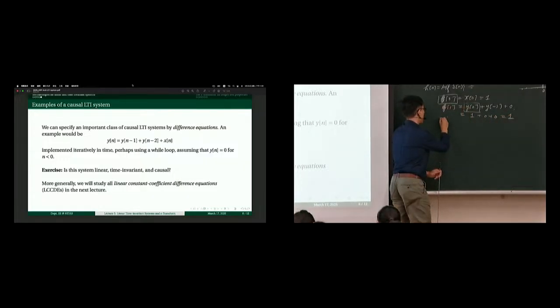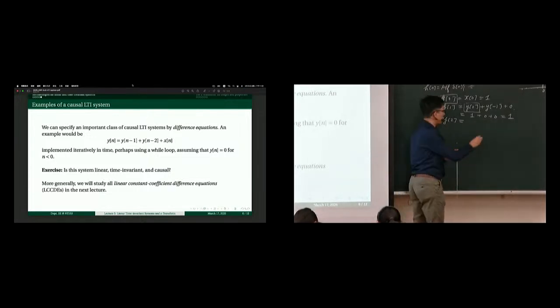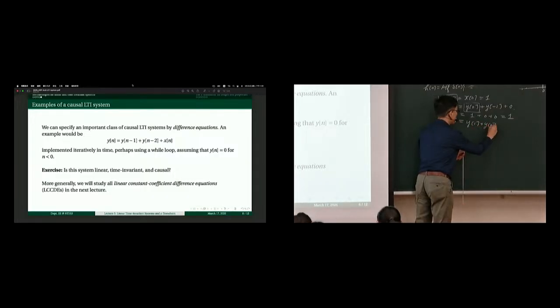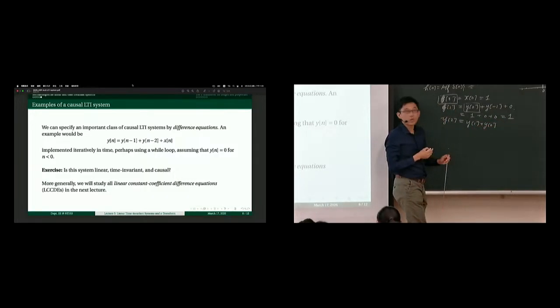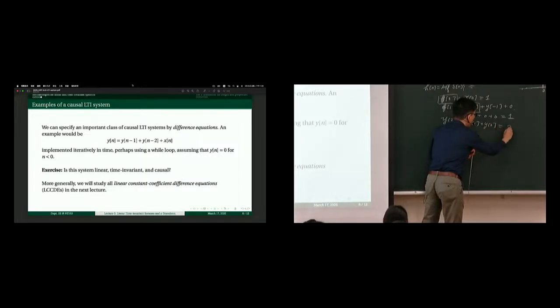And so on. Let me give you one more sample. What is y[2]? y[2] is y[1] plus y[0] plus no input, when the input is the delta function. So it becomes 2.